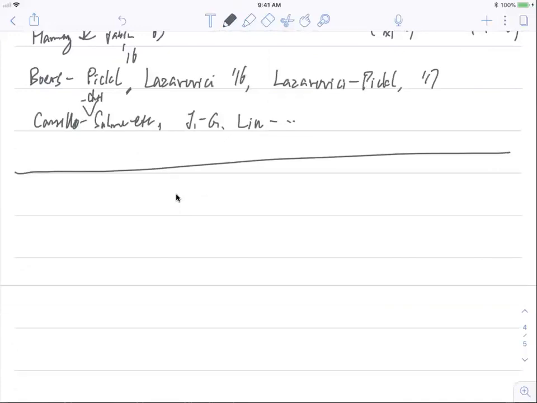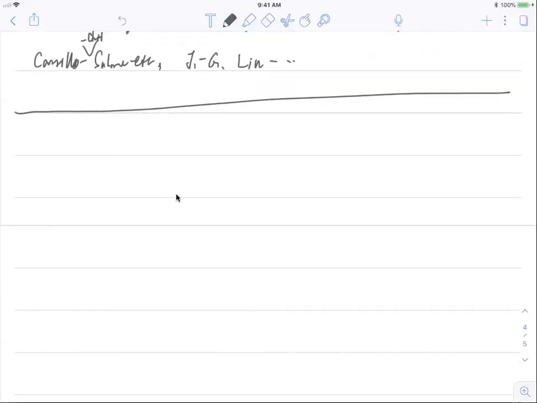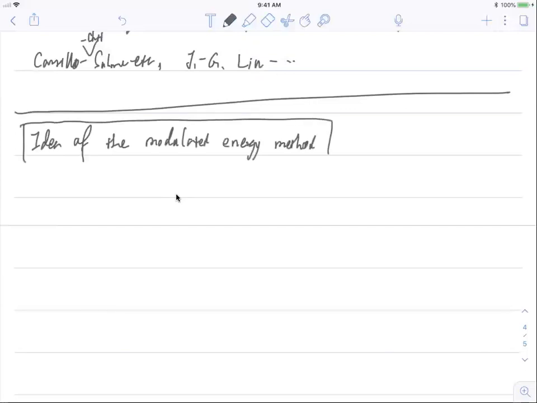But now let's use very easy computations to show the basic idea of the modulated energy method. The idea is very simple.